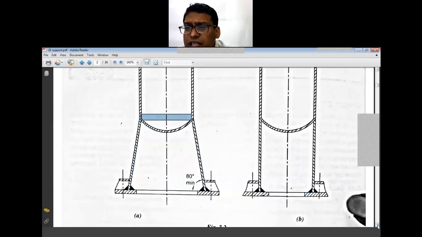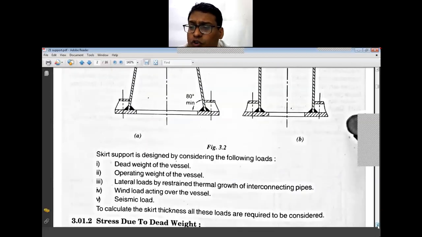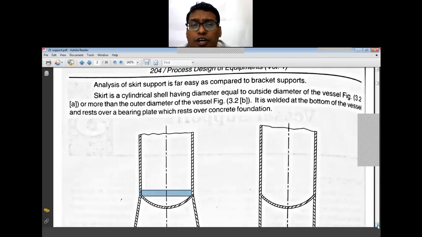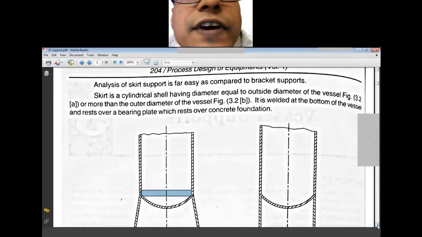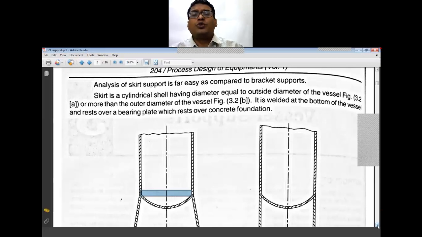Generally these skirt supports are used for tall vertical vessels. That means your distillation columns, absorption columns, extraction columns, which are the tall, vertical vessels. You are going to use skirt support. Now this is a tall vertical vessel, you can imagine a water bottle.